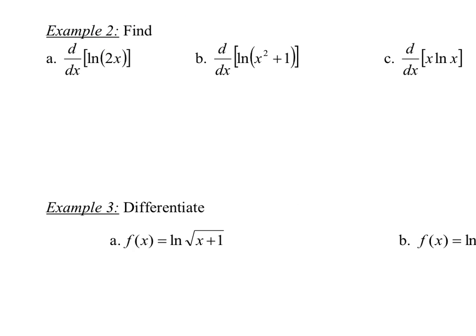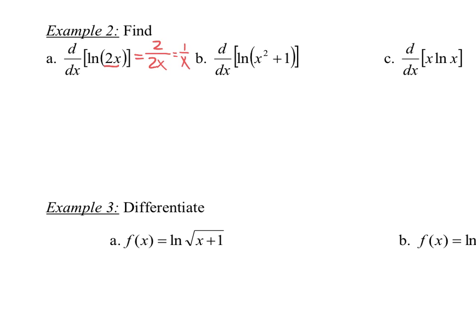So let's try a couple of examples of this here. Okay, so here we're taking the derivative of ln of 2x. Well, the inside function here is 2x. The derivative of 2x is 2, and I'm going to put that over the original argument. So it's 2 over 2x, which is 1 over x.